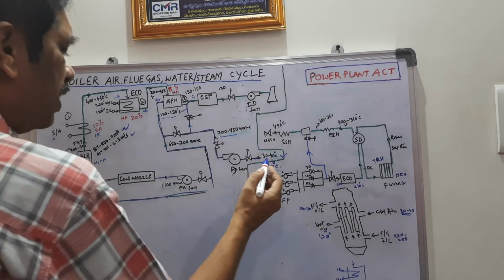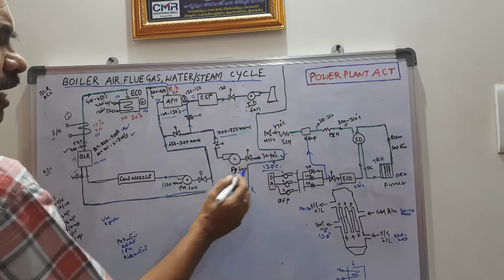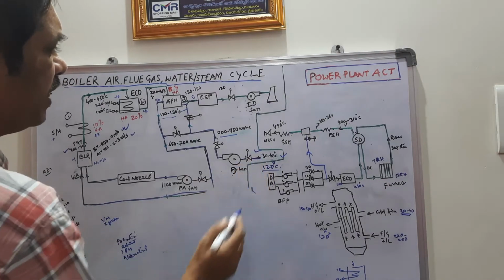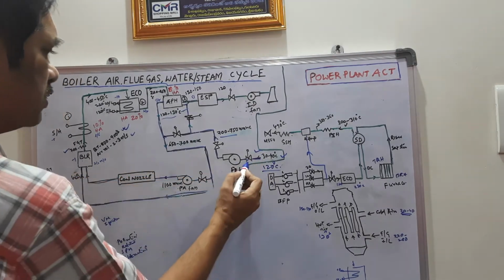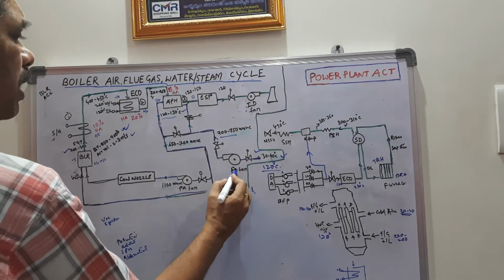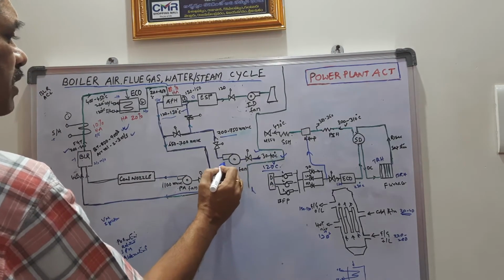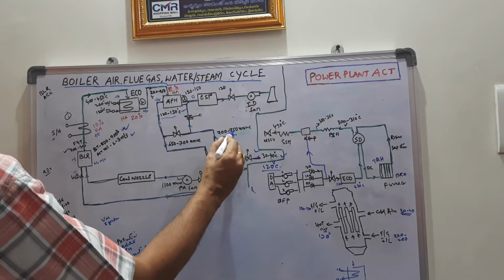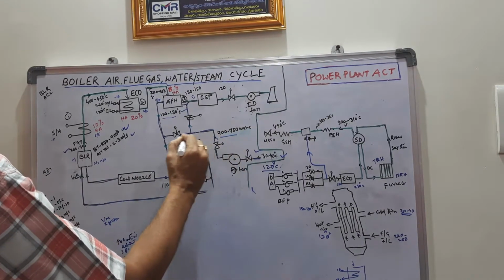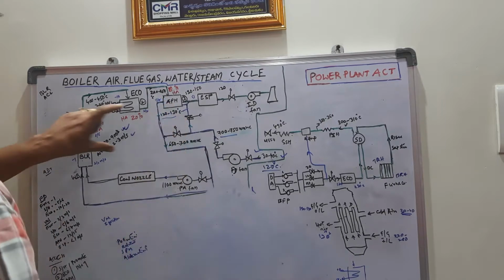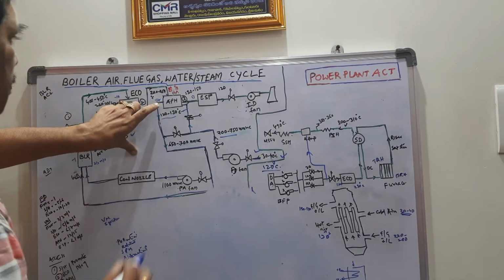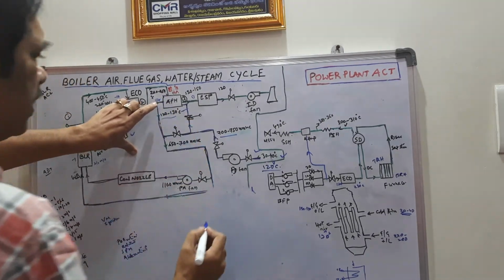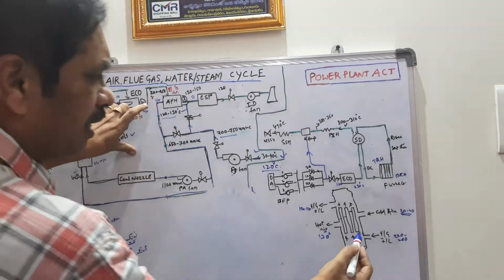So air at ambient temperature, around 30 to 40 degree temperature, is fed to FD fan, and this air pressure is increased up to 700 to 750 mm WC, and it enters the air preheater. Okay, in air preheater the function is like this.